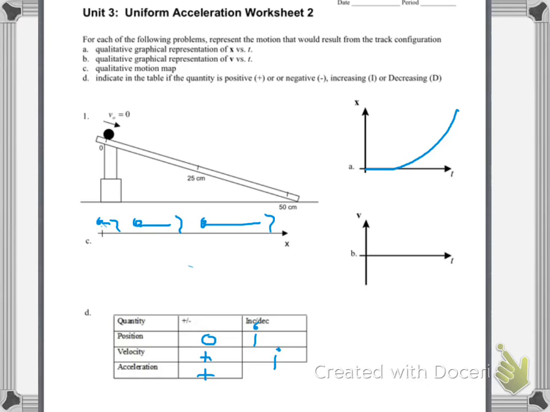Because this is accelerating at a constant rate, the velocity is also changing at a constant rate. So we will have a straight line starting at a velocity of 0 and increasing at a positive rate, which is why that will head up and to the right.